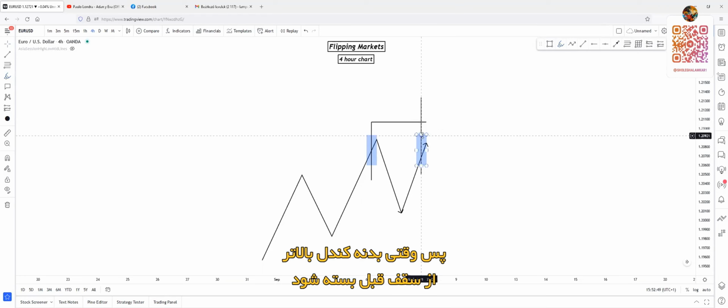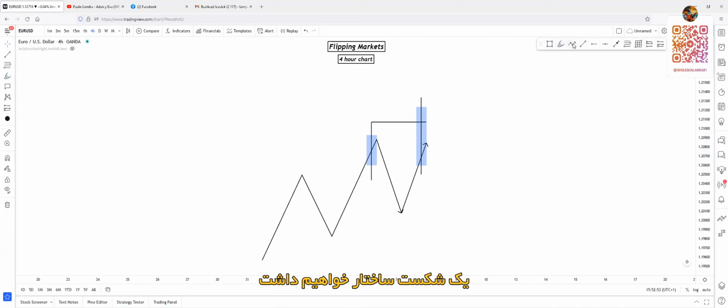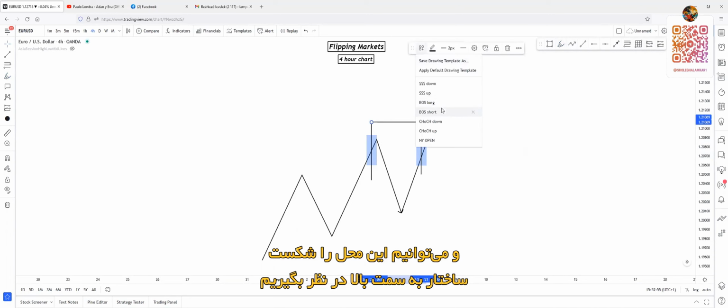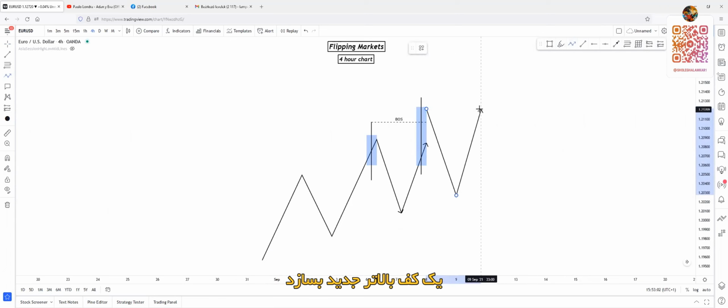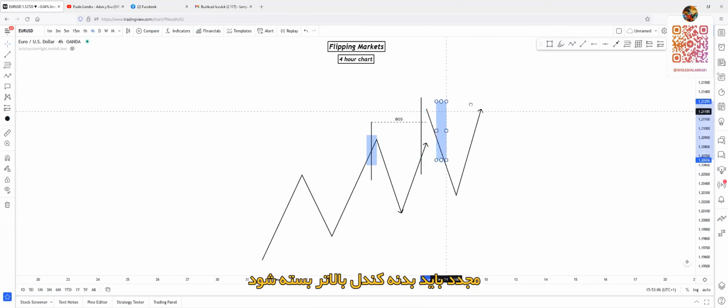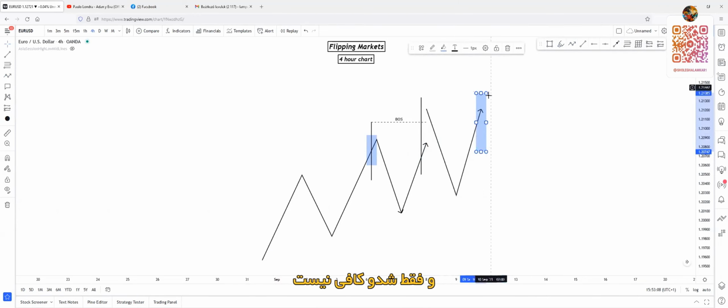If it closes above with this candle and not just a wick, that will be a breakout structure, and we can mark this as a breakout structure to the upside. After this, price can create a new low, new higher low. And if it tries to break above this high again, it has to create a body closure again and not just a wick.